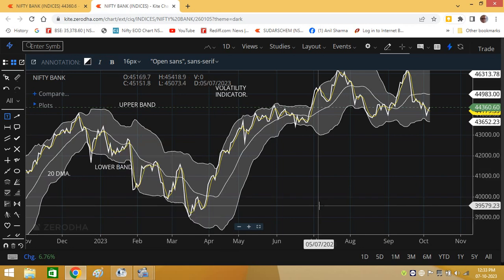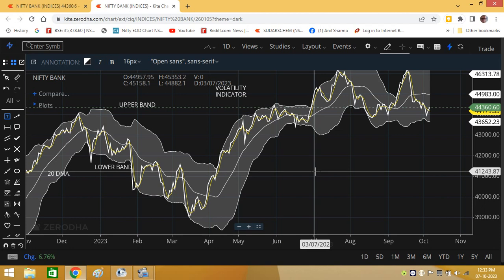Now friends, strategically, Bollinger Band can be combined with moving average. It can be combined with RSI and MACD also very effectively, and this works very well in all conditions. In my practice, friends, I have been using Bollinger Band in intraday trade and also in swing trading very effectively with the moving average.